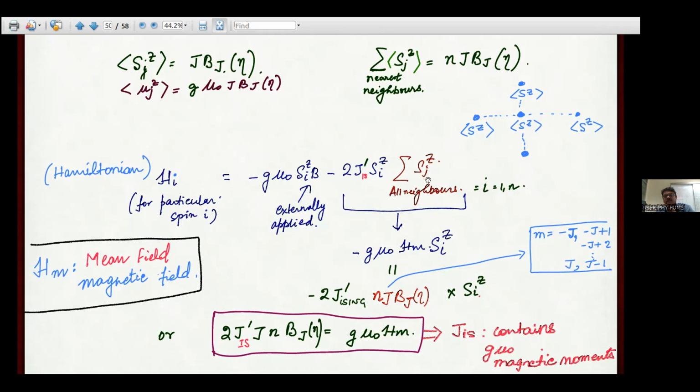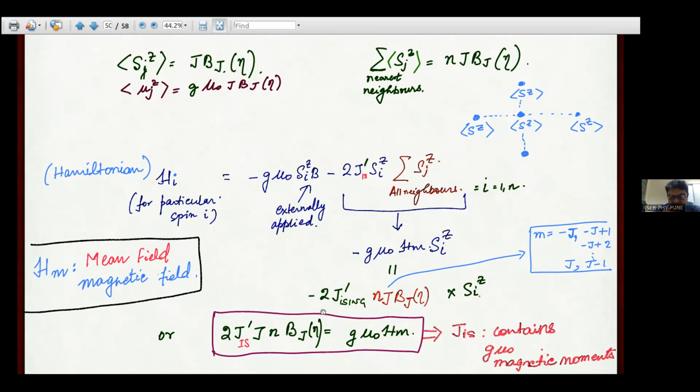The effect of this sum over all neighbors is now replaced by n J Brillouin function of J. On the other hand, we had also written the effect of this entire term in terms of Hm, G mu 0 Hm, to bring some symmetry with this term.